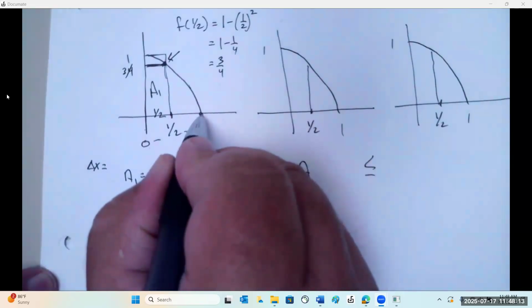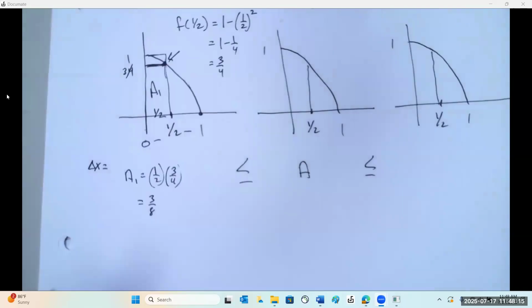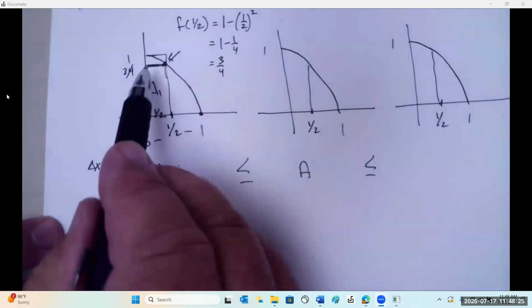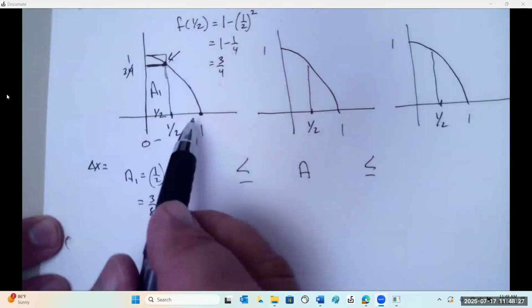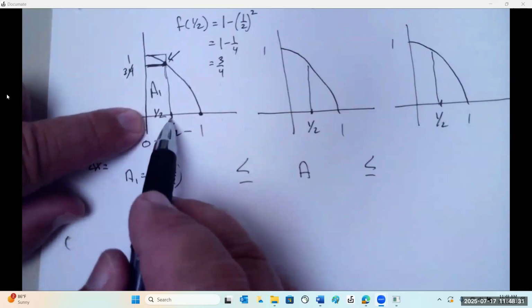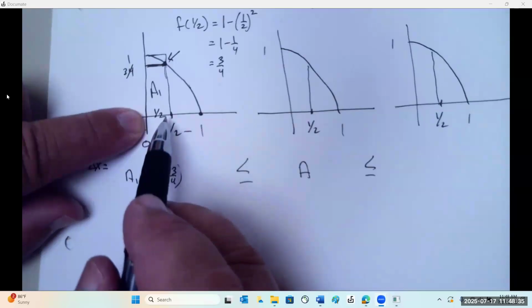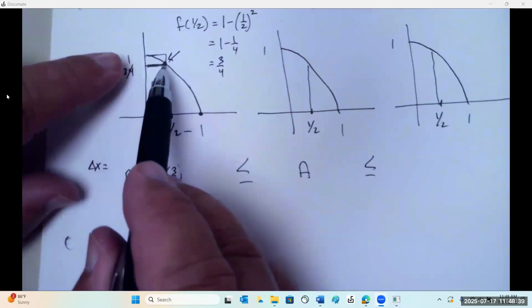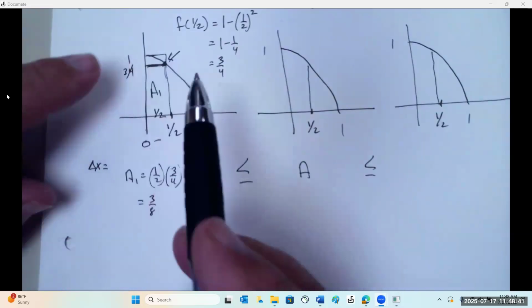Now, out of my intervals, I'm using the right endpoint. So notice, since the function's decreasing, if I use the right endpoint, am I going to get the maximum or minimum value? In other words, is it going to be bigger than or lower than the graph itself?